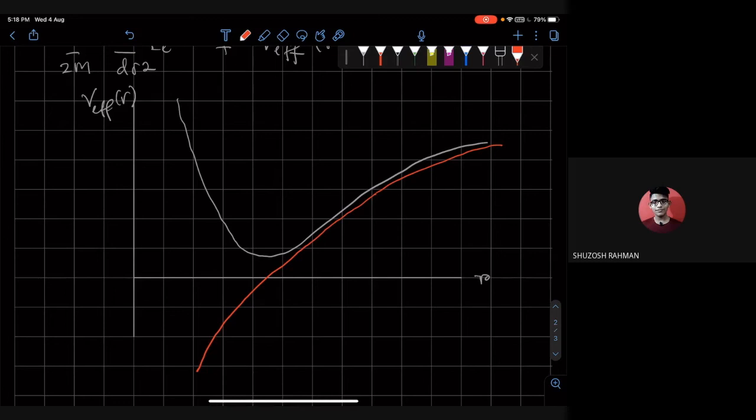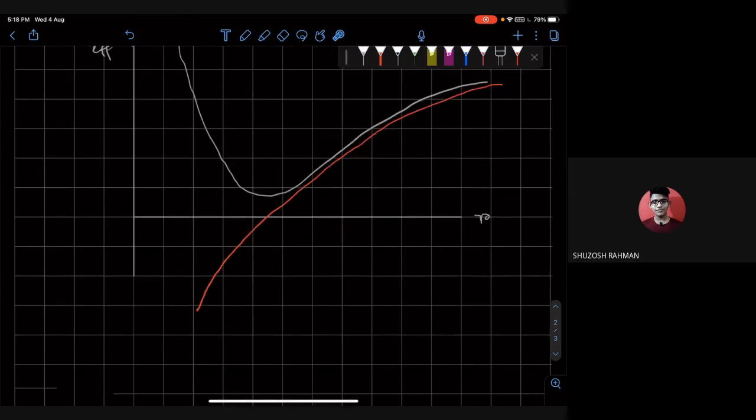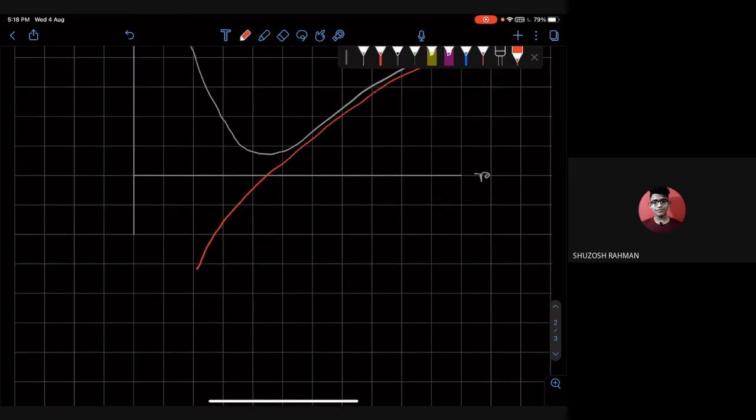There'll be more divergence over here, but I'm just being very rough here. Now, the point is that this divergence, this positive blowing up of v effective as r goes to 0, only happens if L is non-zero, right?